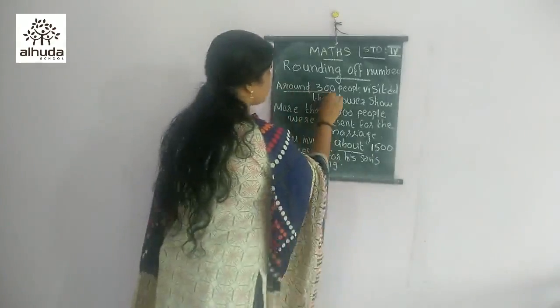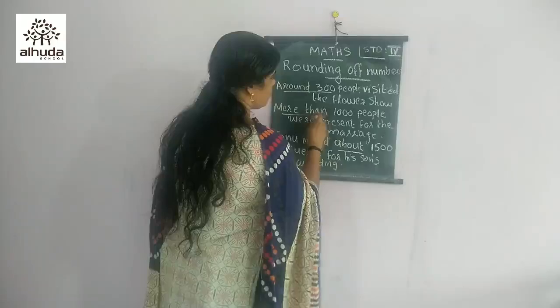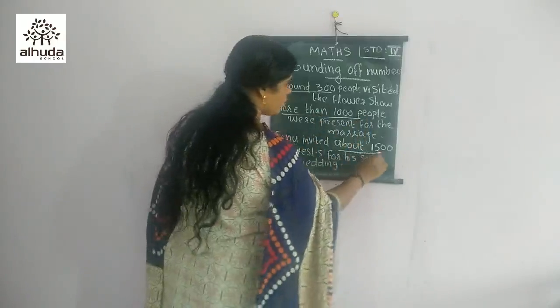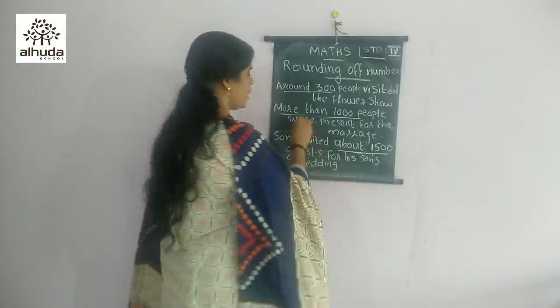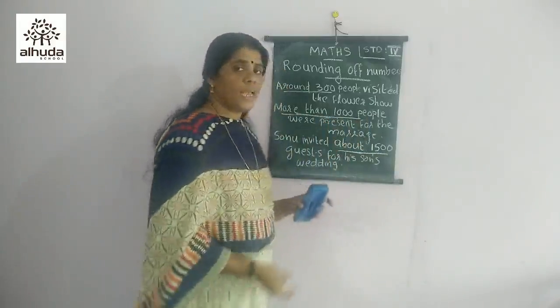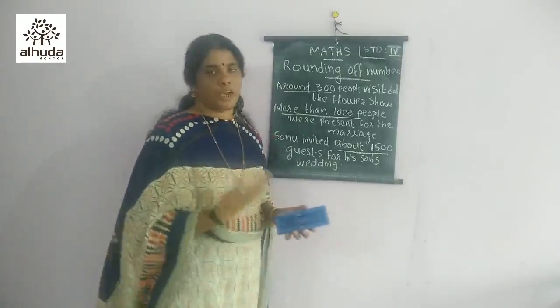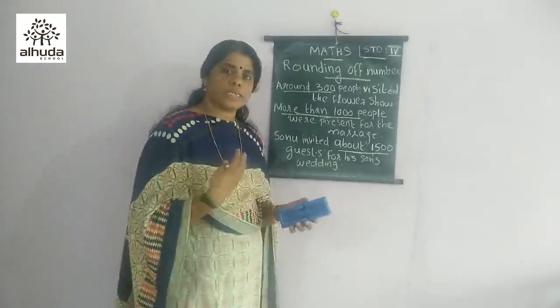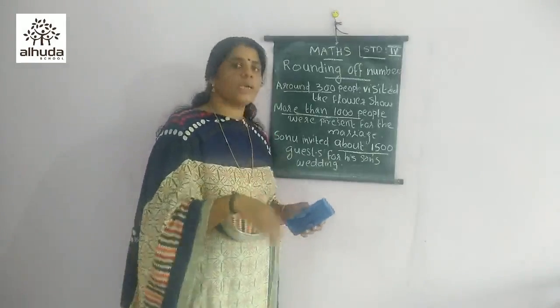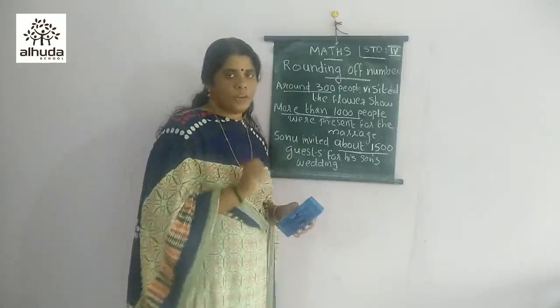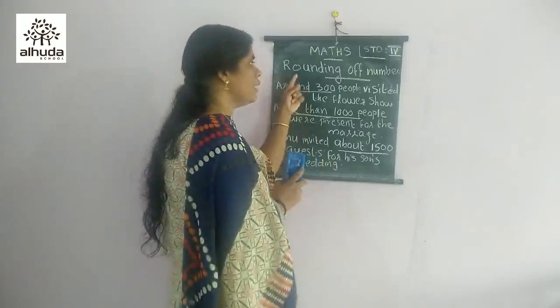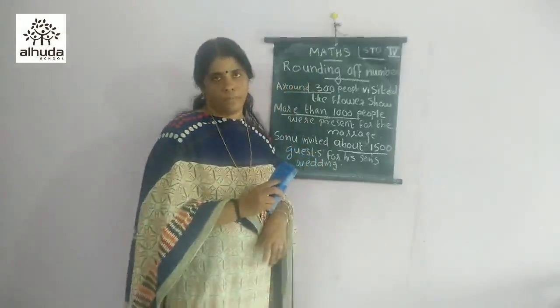So, around 300, more than 1,000 people and about 1,500 all give us a quick idea about the information we require. Actually, we don't know the exact number, but around that we are getting some information. That is called the rounding of numbers.